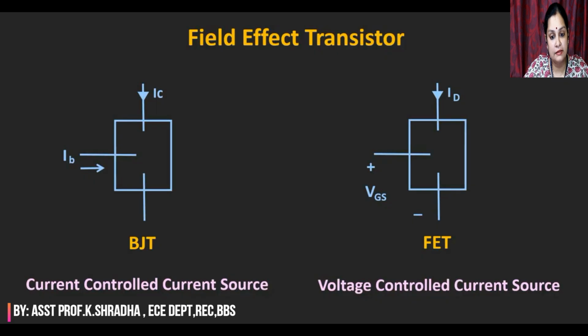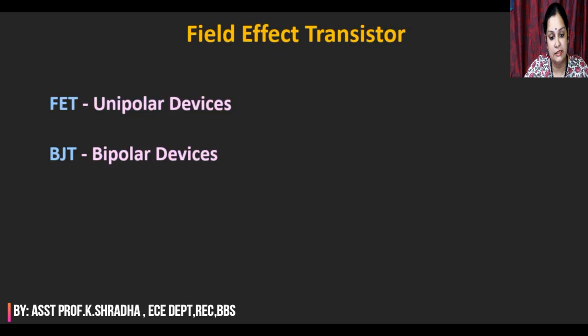On the other hand, if you look at the BJT or the bipolar junction transistor, it is a current control device, where the input base current controls the output collector current. So this is one of the differences between the FET and the BJT.